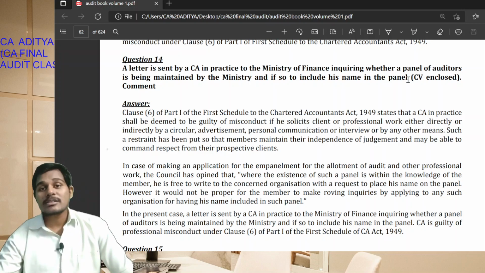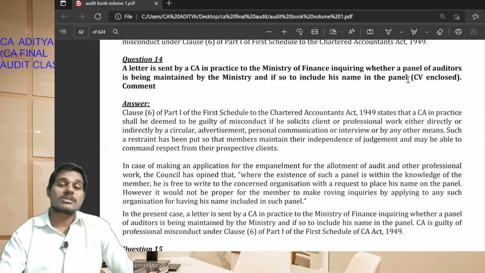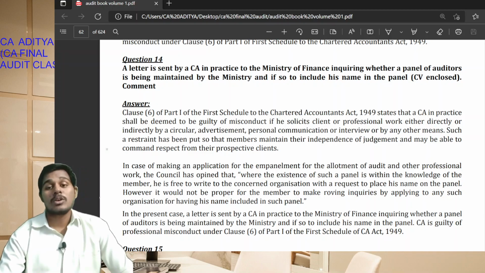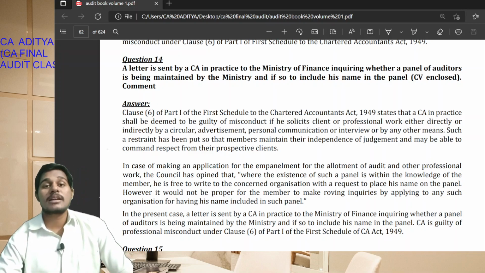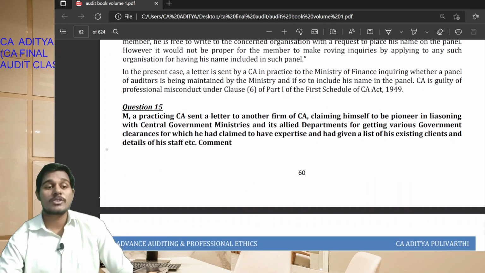Then he may ask for the inclusion of his name; that is allowed, but he should already have knowledge that the panel of auditors exists. In the present case, he does not have any knowledge that a panel of auditors is maintained by the ministry. So in that case, it will be professional misconduct as per clause 6 of part 1 of the first schedule.